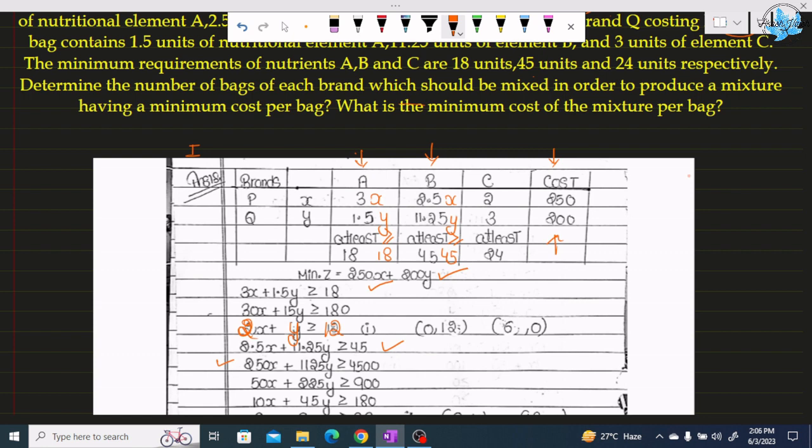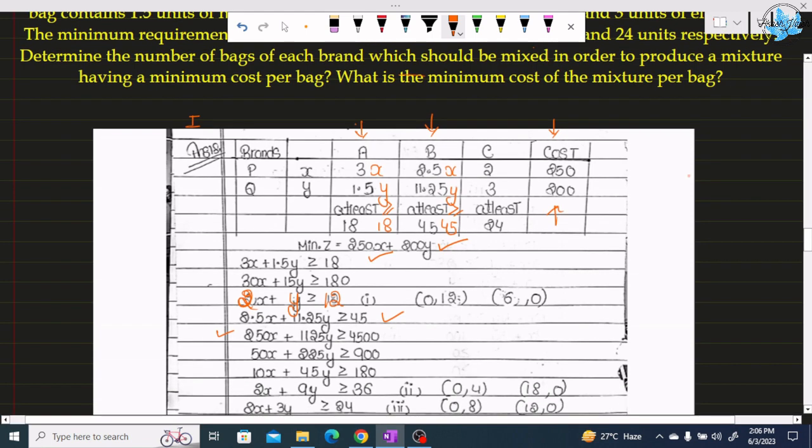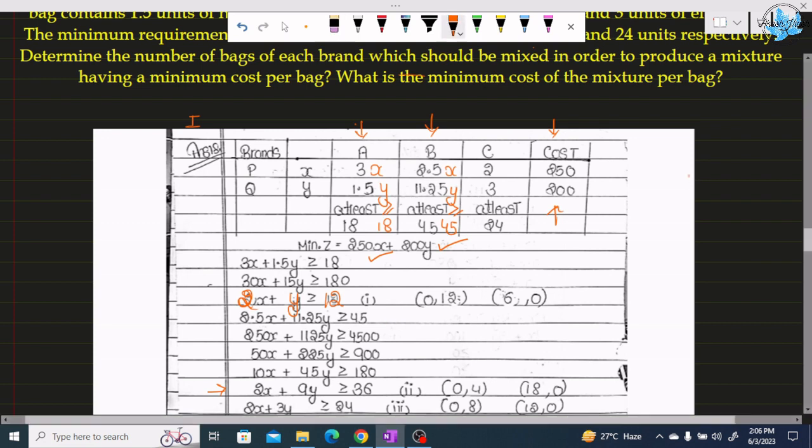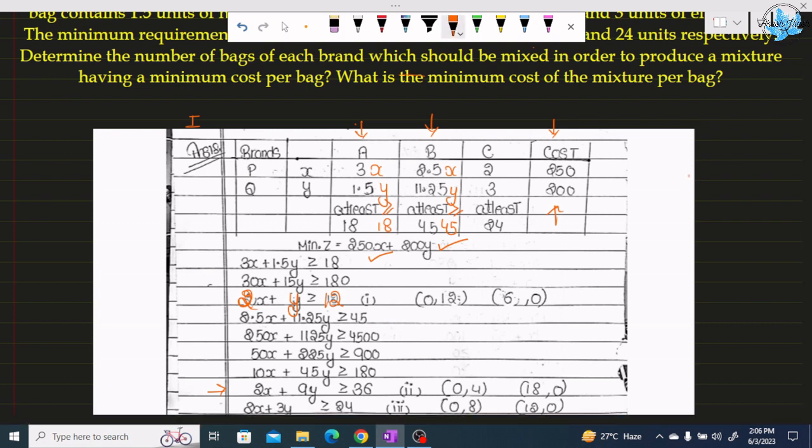After taking the common factor, 5, 10, 50, until it is reduced, it reduces to 2x plus 9y is greater than or equal to 36. This will be my second constraint. Now the equation for element C will be 2x plus 3y is greater than or equal to 24.